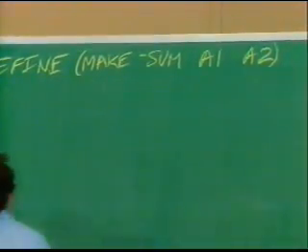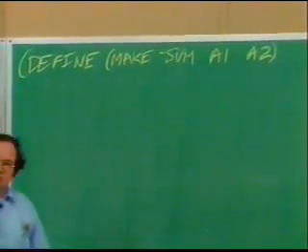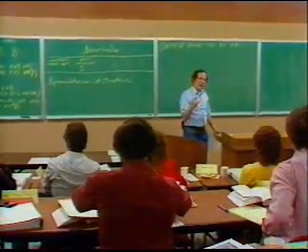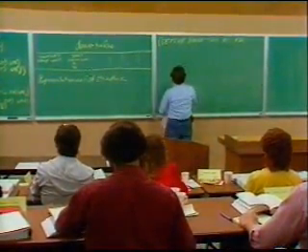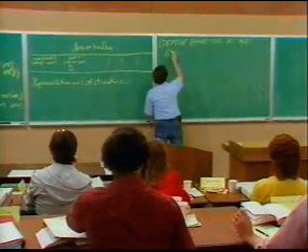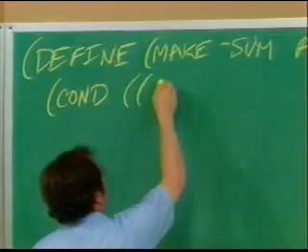Well, now it's not something so simple. I'm not going to make a list containing the symbol plus and things unless I need to. Well, what are the possibilities? I have some sort of cases here.